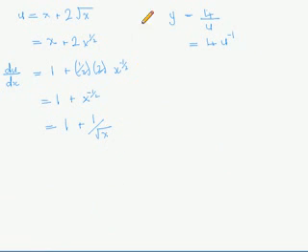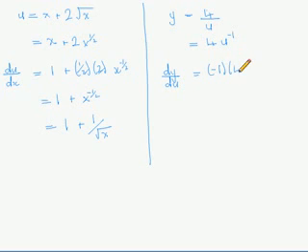Okay, and on this side, just separating that, we find dy/du, which is equal to, bring the minus 1 out the front, got the 4, u to the power of minus 2, which now gives us minus 4 u to the minus 2.